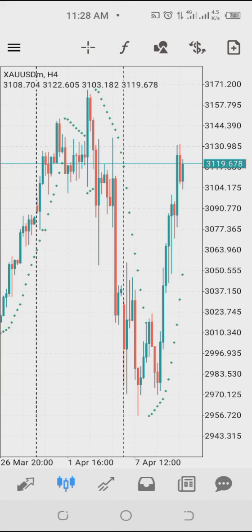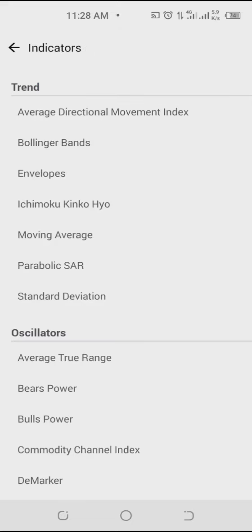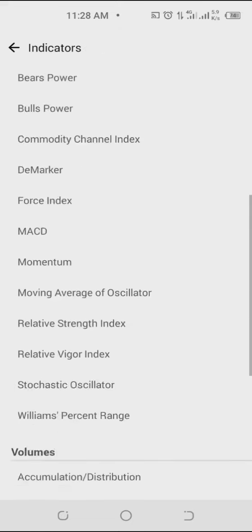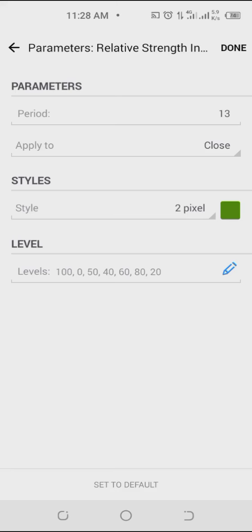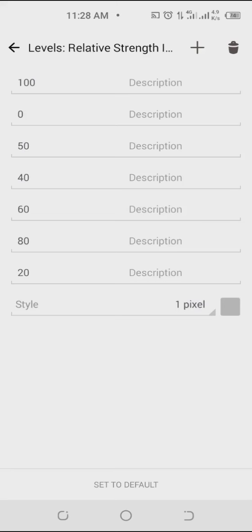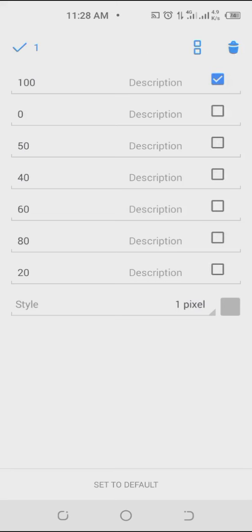Now we're going to be adding the next and final indicator, which is the relative strength index. Let's add the relative strength index. Now we're going to be making use of levels. We can take off levels 100 and 0, we don't need them.